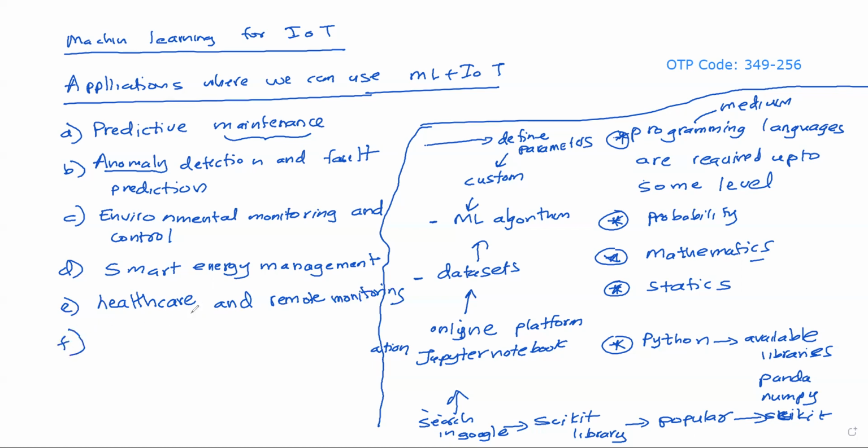These domains are still practicing these machine learning techniques, so it's still at the research level. However, I think this is also going to be a demanding topic. Machine learning based IoT can be used for smart cities as well, and it can also be used in transportation and logistics.